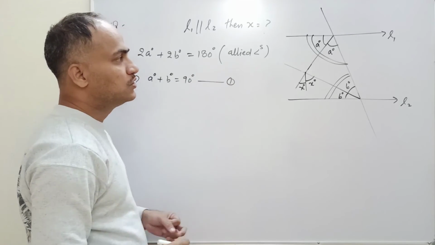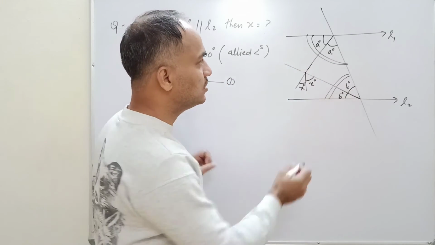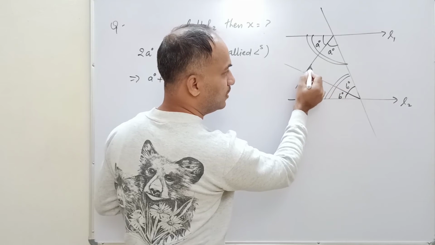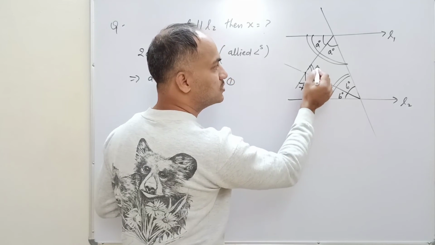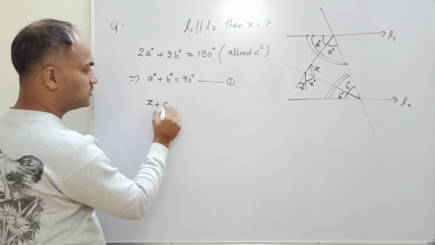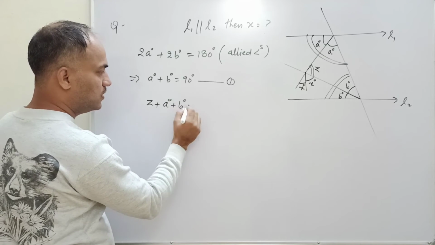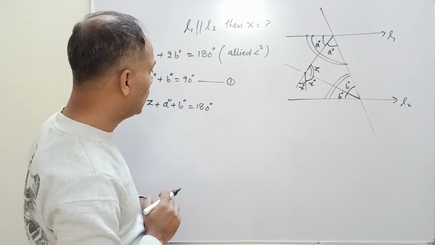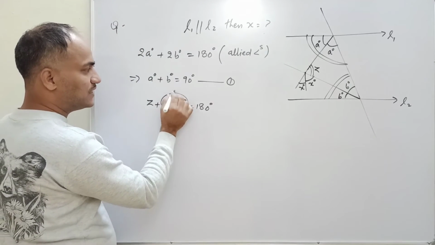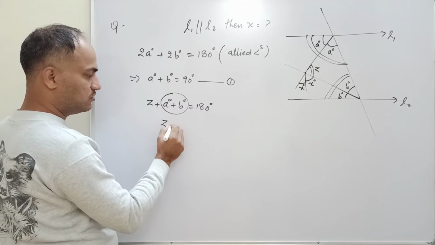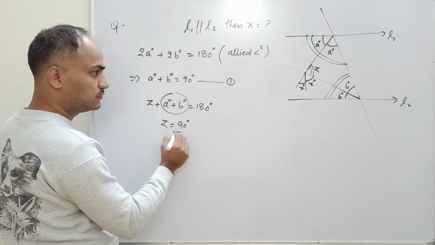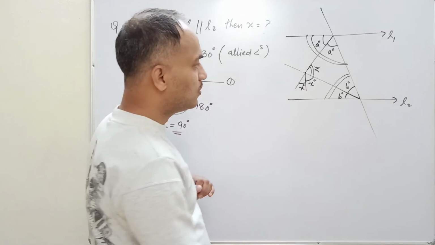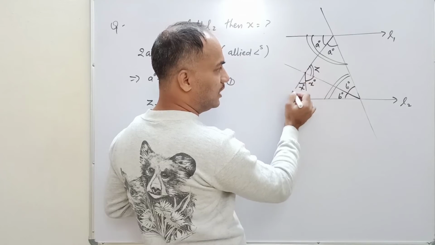Okay. So when A plus B is 90, look at this triangle. This is another angle. Suppose we say Z plus A plus B is what? 180 degrees, by the angle sum property. So A plus B is 90, already we have proved. So Z is also 90. Now come here. This is a straight angle.